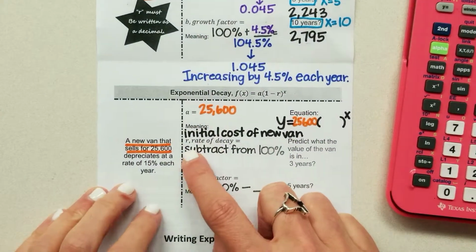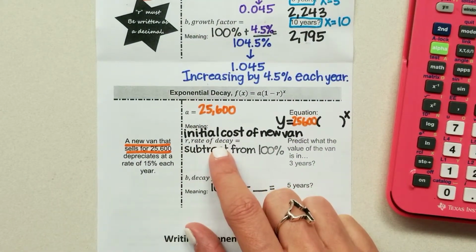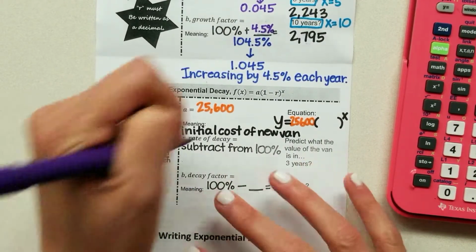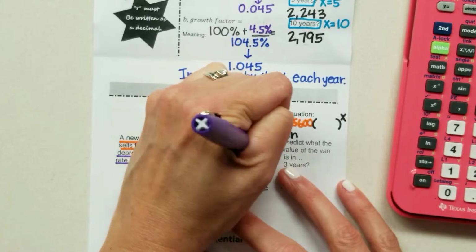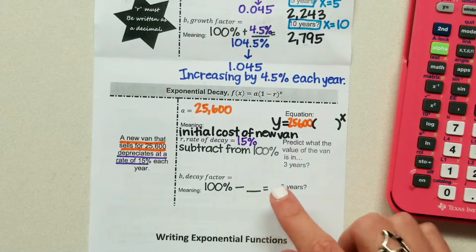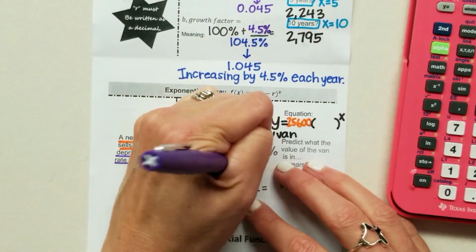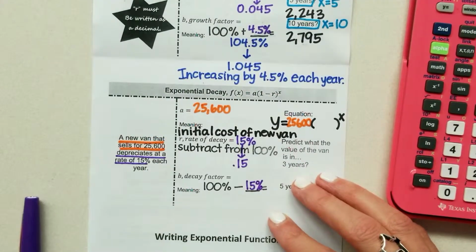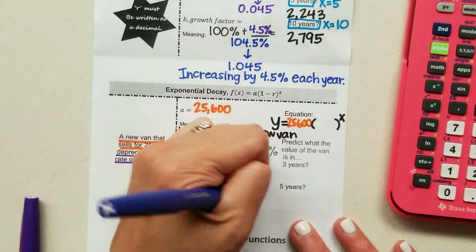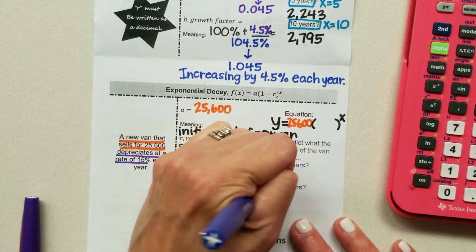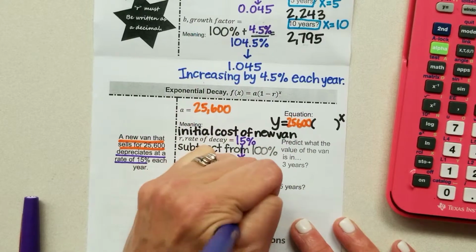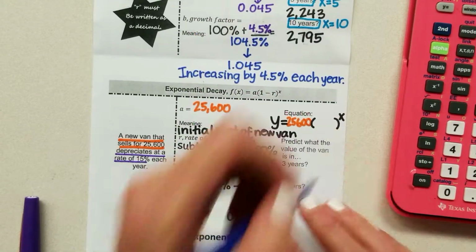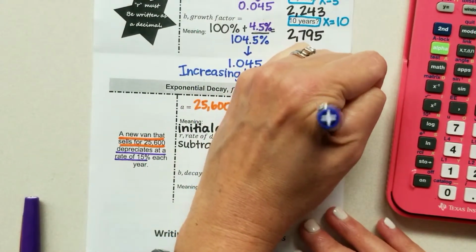All right, so rate of decay, again, that's the percentage that we are decreasing. Depreciates is another word for decrease, okay? So our rate of decay is 15%. So if I want to find B, I am going to subtract 15% from 100, and that is going to give me 85%, which I'm now going to turn into a decimal as 0.85, and this is what is going to go in my equation, 0.85.